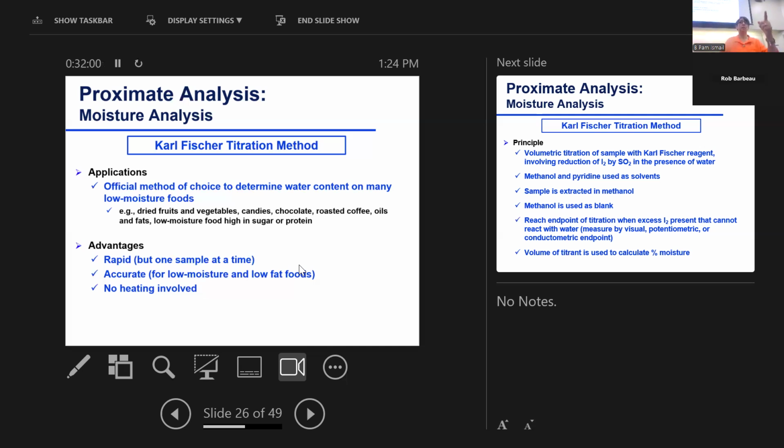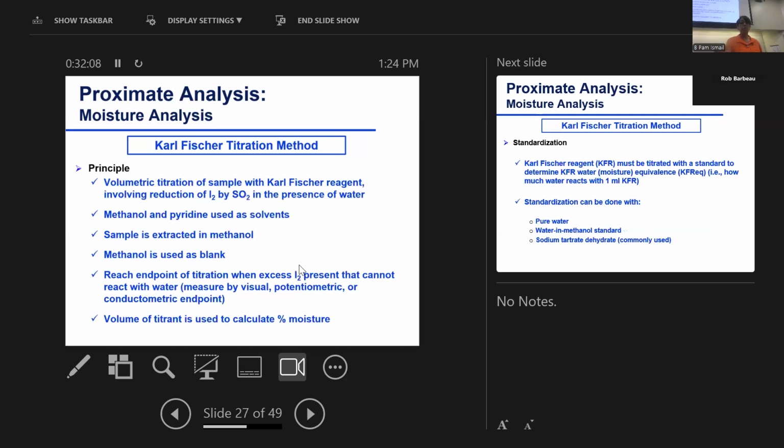It reacts with double bonds, and then you overestimate water because the reaction is based on the reduction of iodine by SO2 in the presence of water. If you have a high amount of unsaturated fat, the iodine will be reduced by the unsaturated fat, and then you get overestimation of the water.